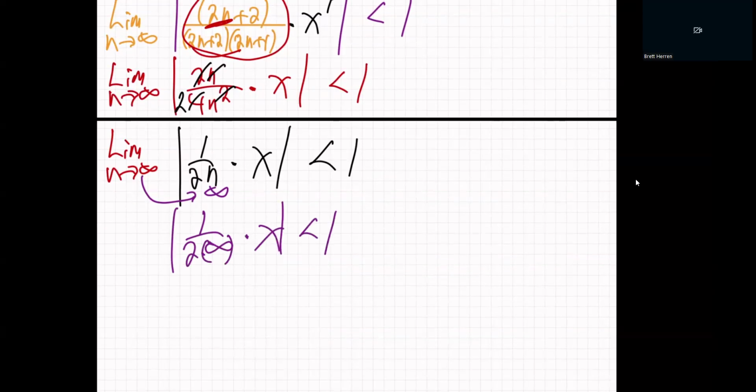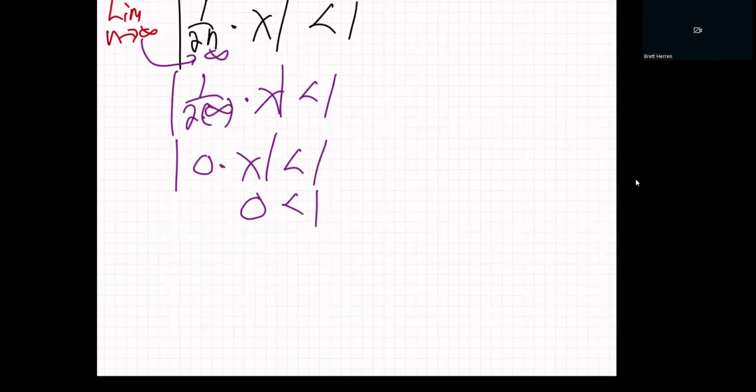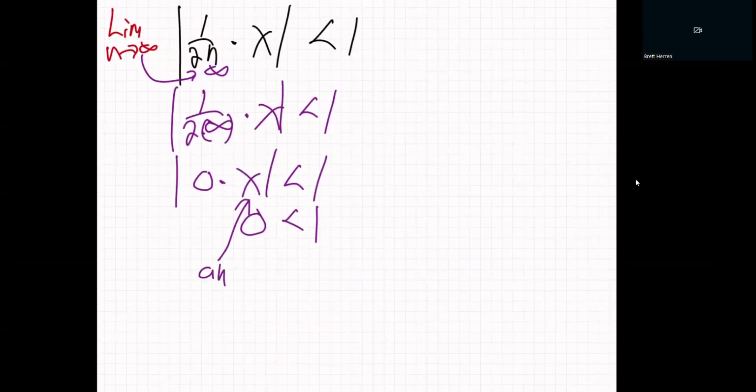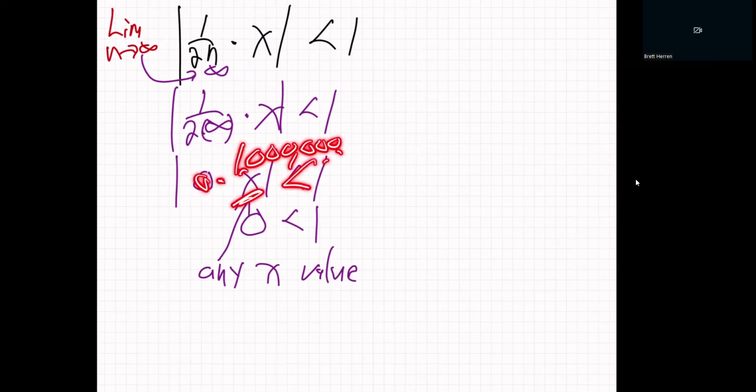I don't write the limit out there anymore. I did the limit. What's 1 over 2 times infinity? 1 over infinity? That's 0. So that 0 is less than 1. So that means any x value, right? X can be anything. You can let x be a million, and 0 times a million will be less than 1. So x can be any value.